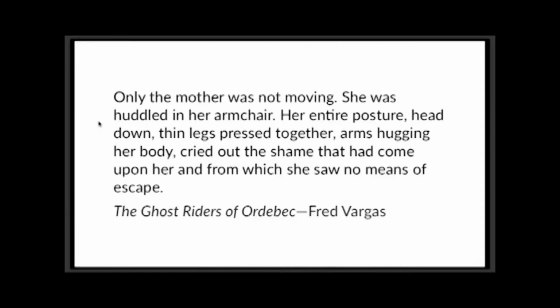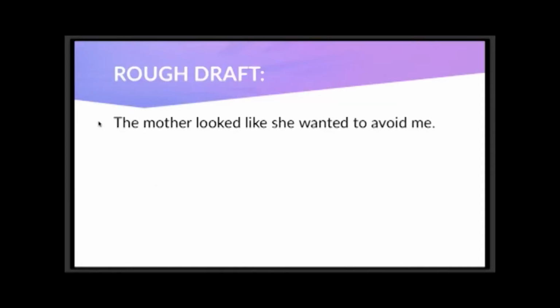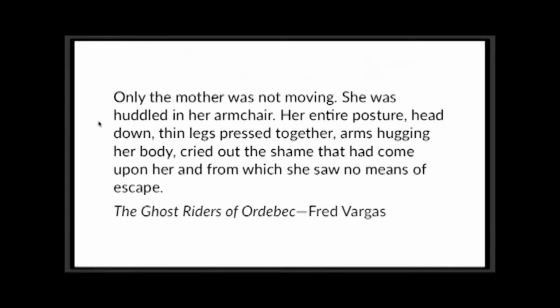This secret is at the core of it, and she cannot deal with it. So instead of simply saying it was horrible, it was going to be a bad thing, or the mother looked like she wanted to avoid me, we get a stronger sense of the emotion, the tension, the foreshadowing that this matters. So again, we're being shown and told at the same time.